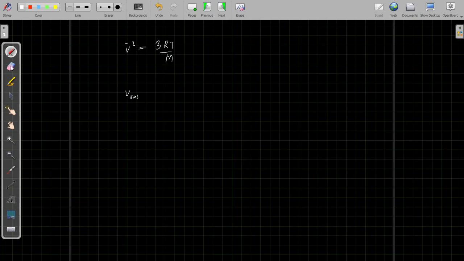This velocity is called the root mean square velocity of the molecules. So V RMS will be root over 3 RT by M.